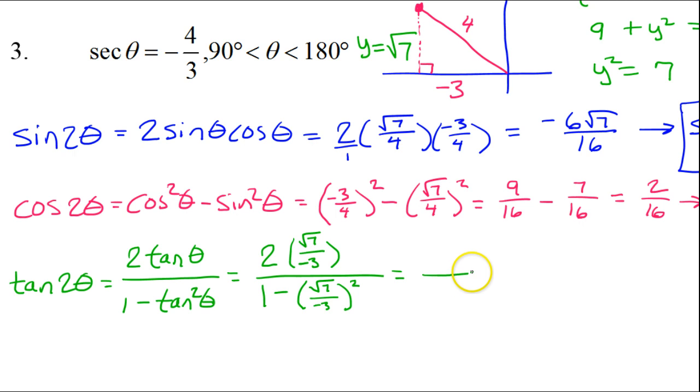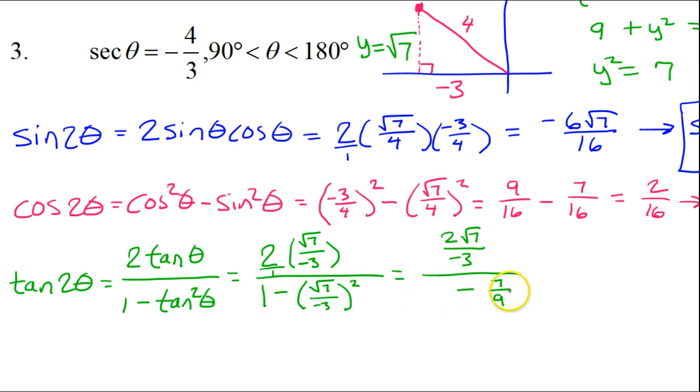Okay, so looking at this like it's 2 over 1, I'm going to have 2 radical 7 over negative 3 in the numerator. When I square this, I'm going to get 7 over 9. Radical 7 squared is just 7. Negative 3 squared is positive 9.